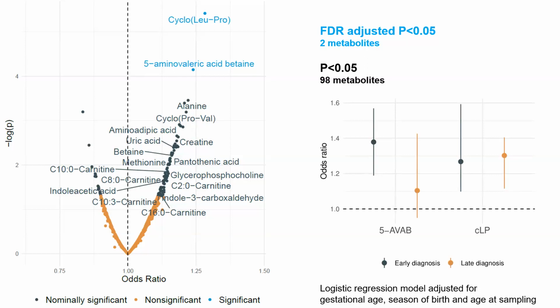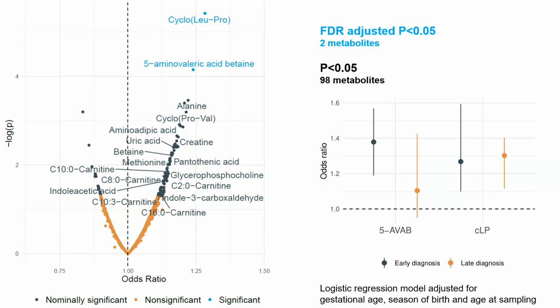We stratified our analysis after the age of diagnosis. We set a threshold at age 6. Then we saw that 5-AVAB had a much stronger association with autism for kids that were diagnosed early in life, whereas we could not see a significant effect for those that were diagnosed later.